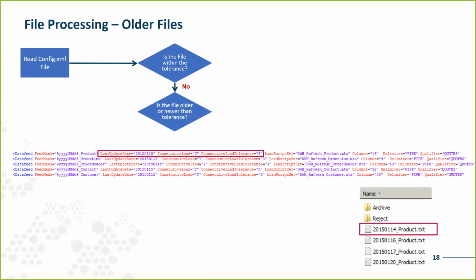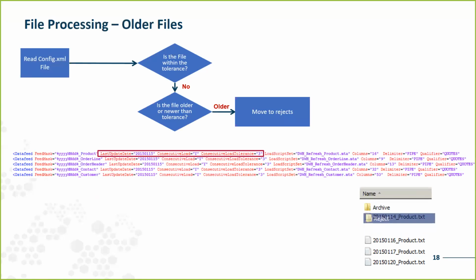So is the file within the tolerance? No, it isn't, because it's actually too old, because the last update is the 15th. We will then move that file to the reject folder.